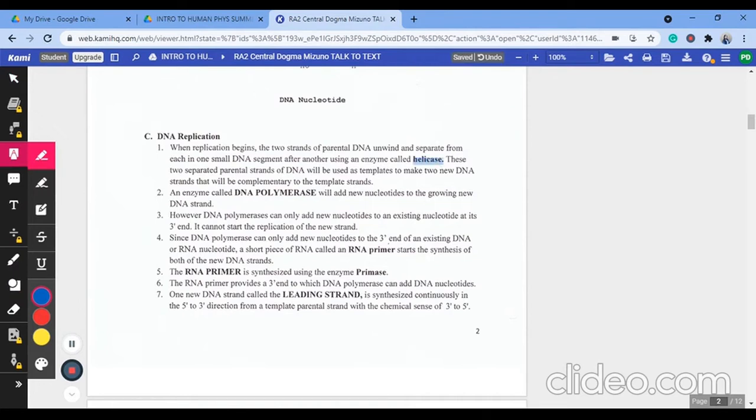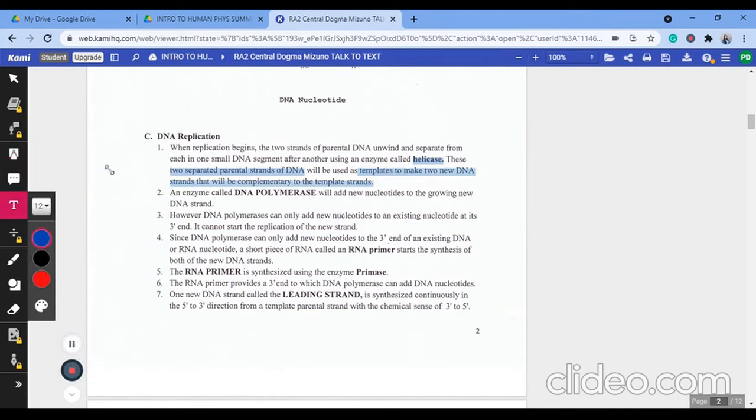These two separated strands of parental DNA will be used as templates to make two new DNA strands that will be complementary to the template strands.